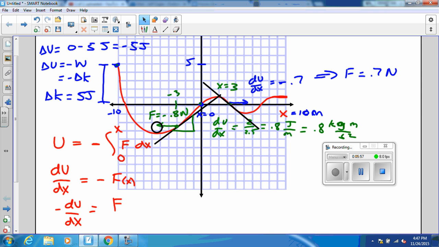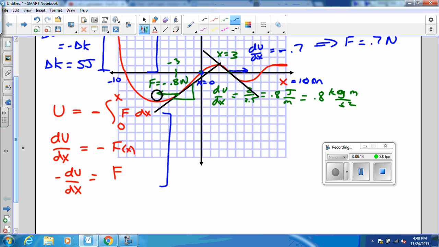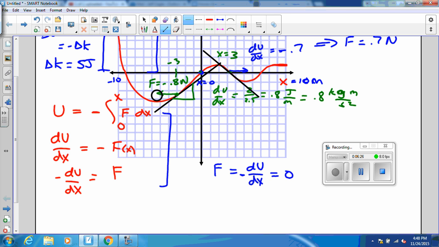So we can do two things so far with our potential energy graphs. One is to measure changes in potential energy, which also give us changes in kinetic energy. And the other is, through the derivative, or the slope, to find the force exerted on the particle at a particular point. Now, from calculus, you already know that it's very special when our force or our slope is equal to 0.